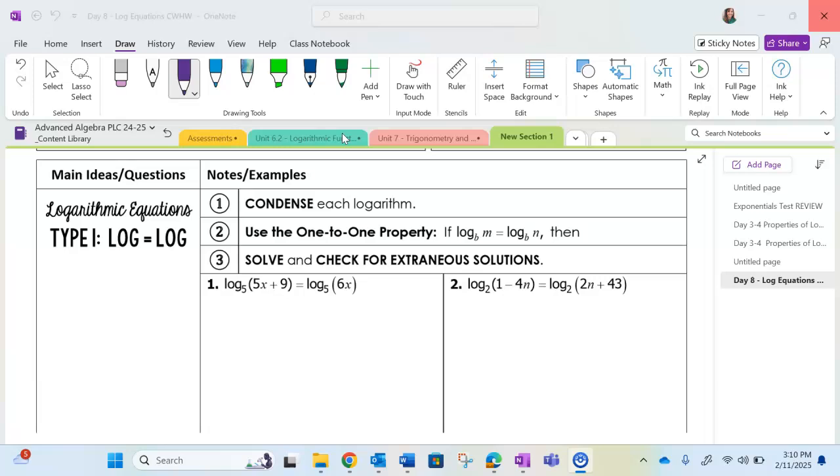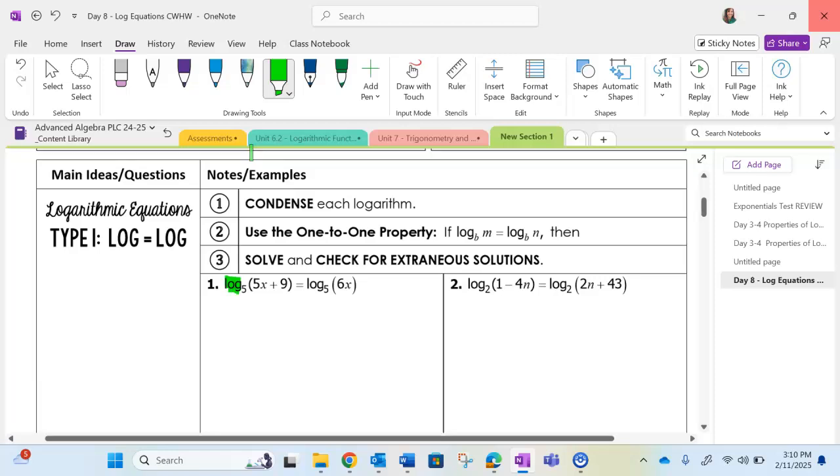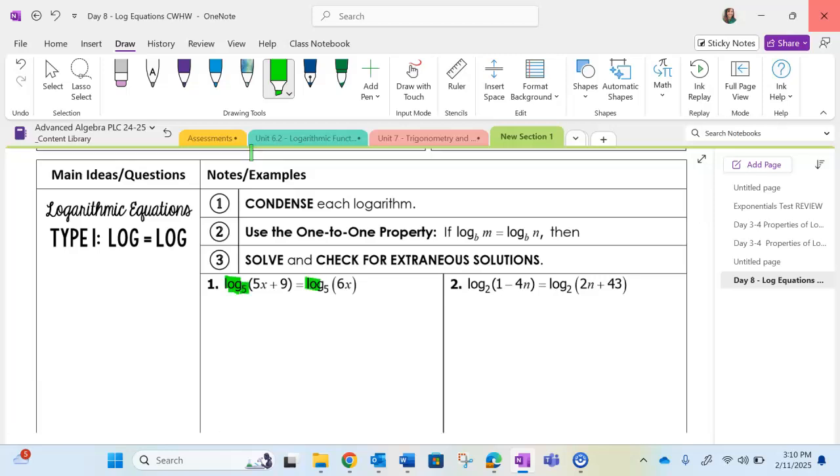So today we learned in class how to solve logarithmic functions, beginning with problems that have the word log on both sides of the equal sign. Please remember that it can only have the word log and base one time on each side.